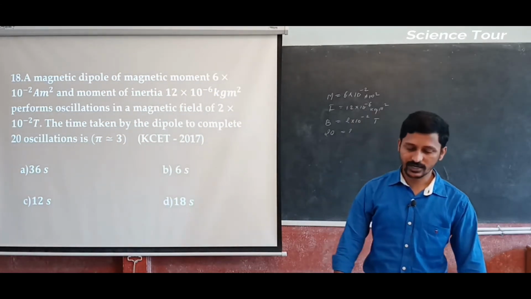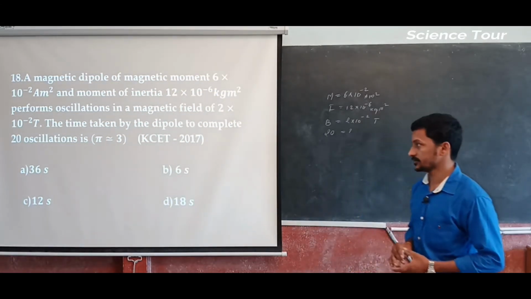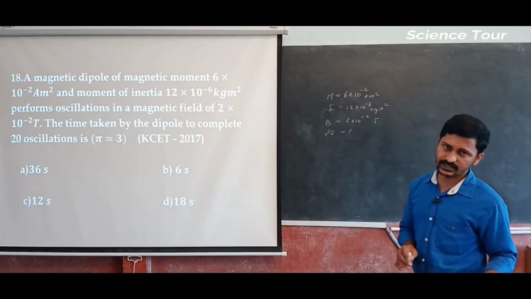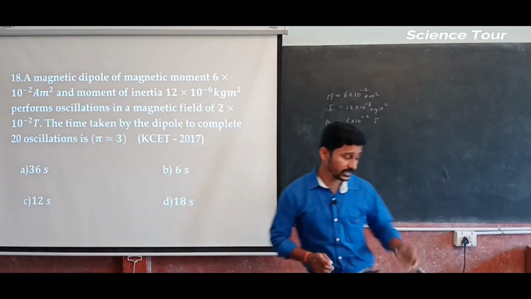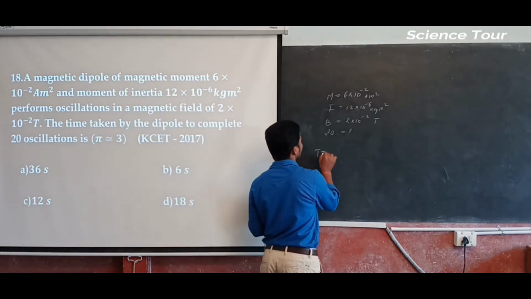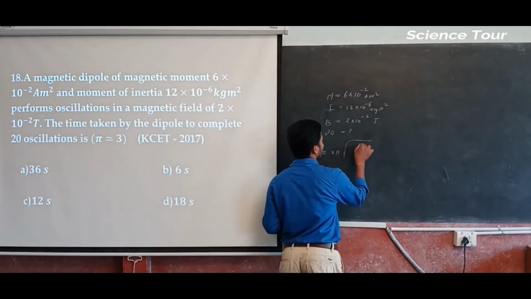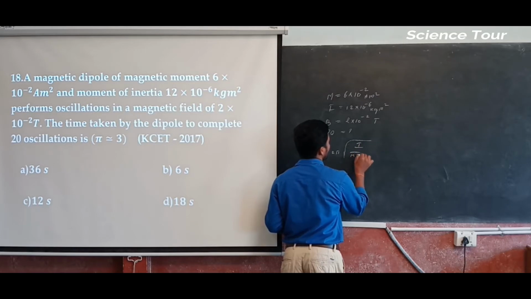How to calculate? Now let us see, what is the formula? Just now we have discussed, that is nothing but T is equal to 2 pi into square root of I by MB, isn't it?